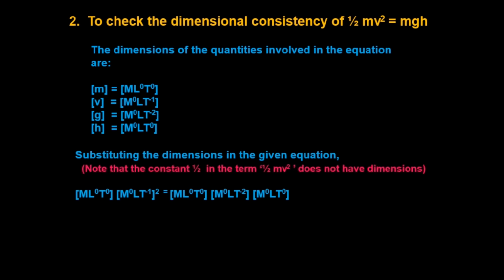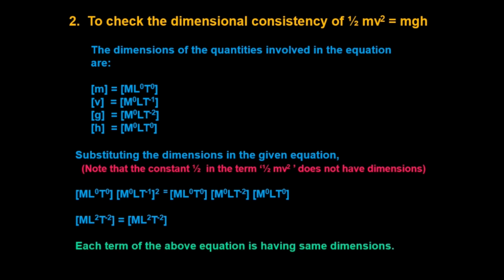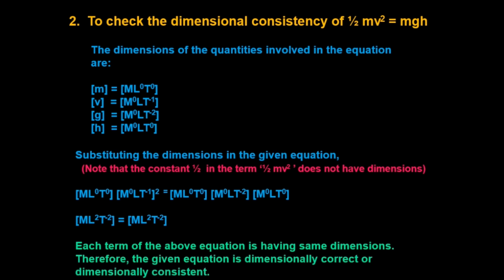Here the constant half is ignored from the term mv square. After simplification, we get M L^2 T^-2 equals M L^2 T^-2. Each term of the above equation has the same dimensions. Therefore, the given equation is dimensionally correct or dimensionally consistent.